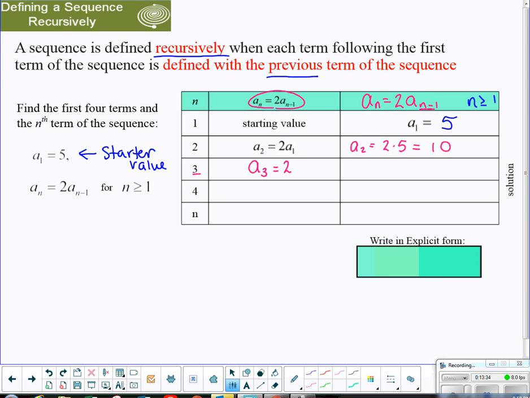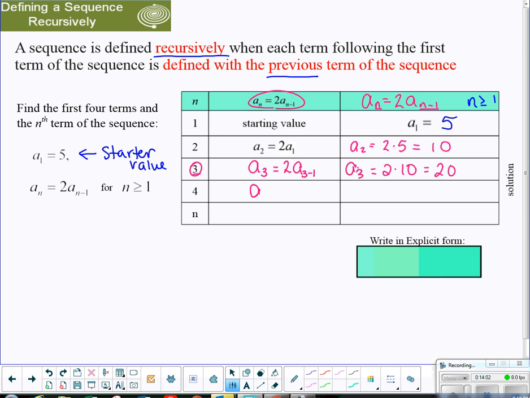So we still have the term that comes prior to this term. And we'll say the a sub third term is 2 times a sub, I'm on my third, so 3 is my n minus 1, which would be the a sub second term, wouldn't it? So a sub 3 is equal to 2 times the a sub second term, which is 10, and that turns out to be 20.